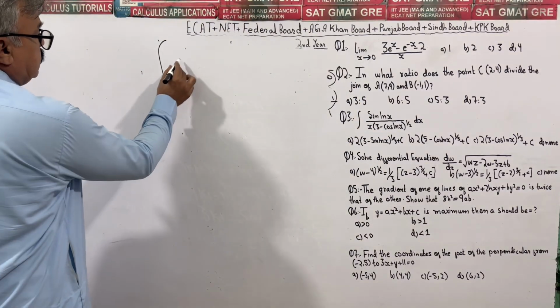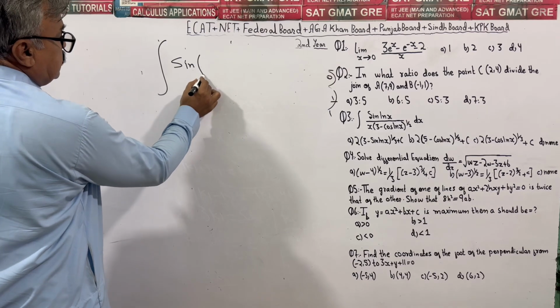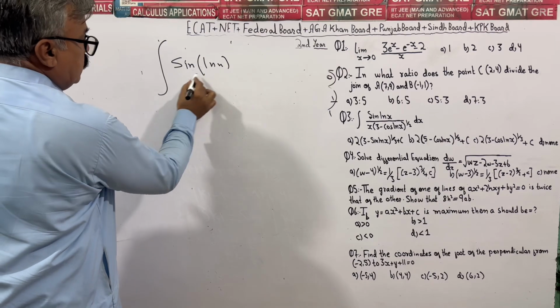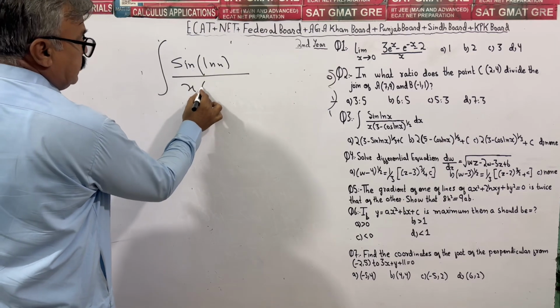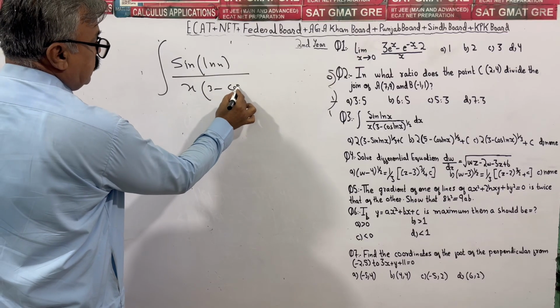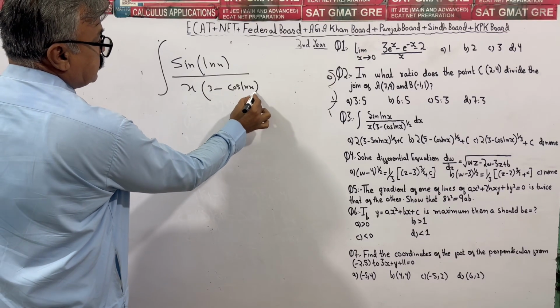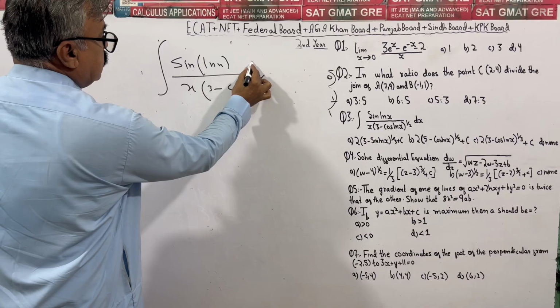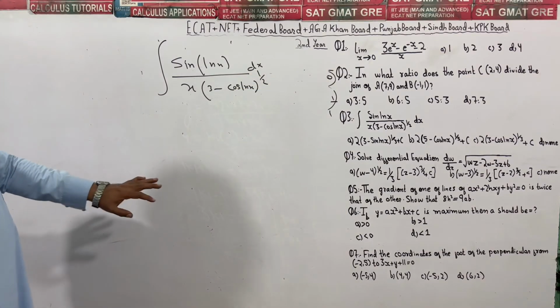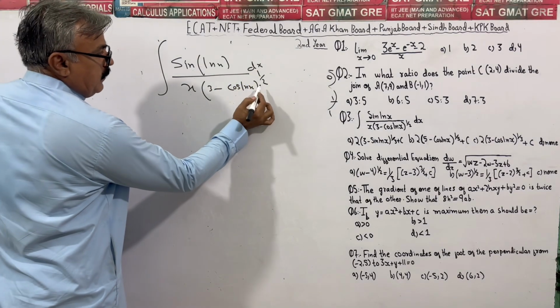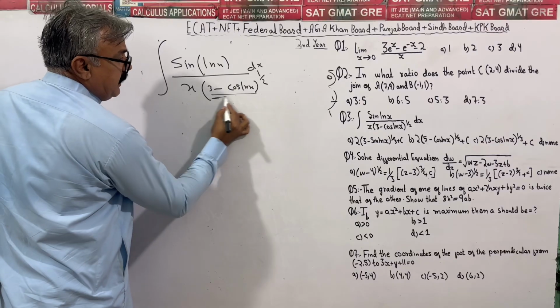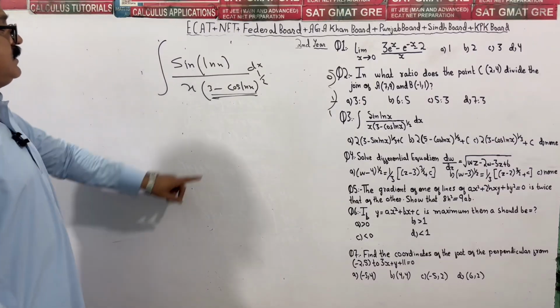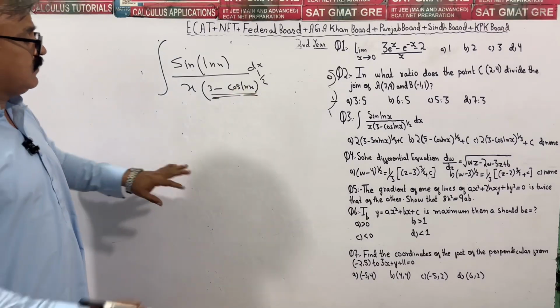Let's see how. Integrate sin(ln x) over x times (3 minus cos(ln x)) raised to 1 over 2, dx. Don't you worry, the 1 over 2 power might be our function. What is the differentiation of cos?